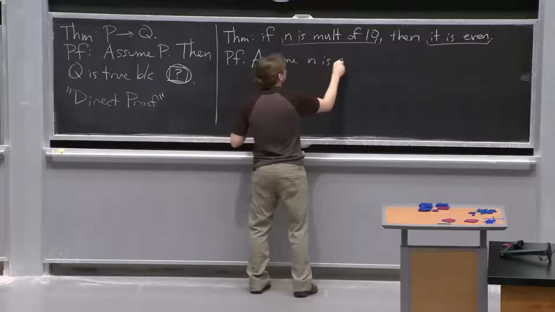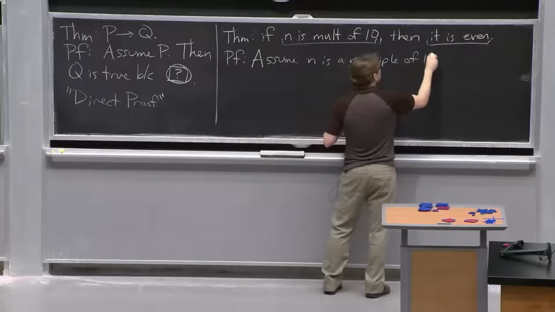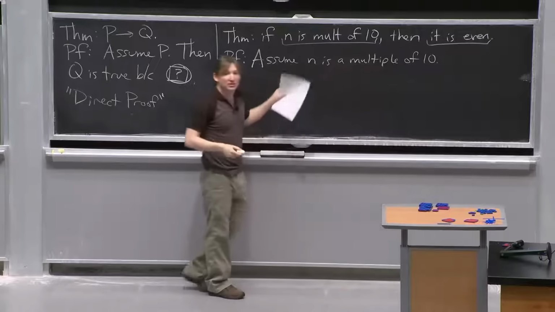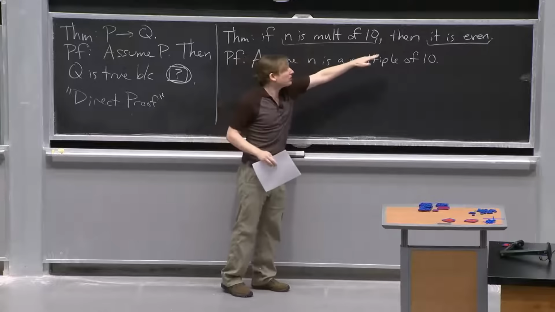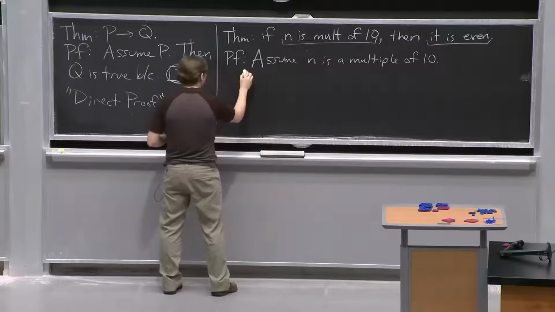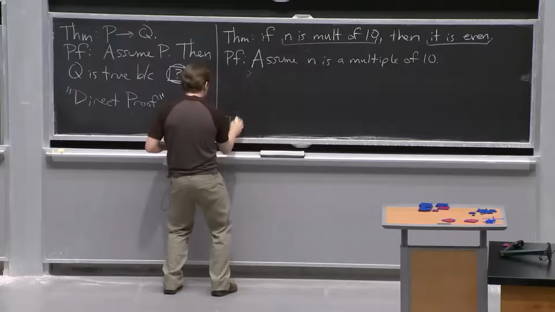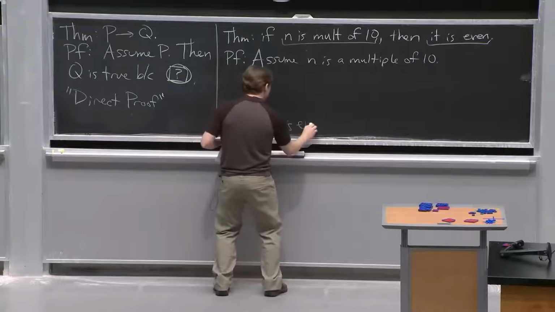assume n is a multiple of 10. We know we're going to start with that. Assume the first thing. We know we're going to end with the last thing. Therefore, n is even. So question mark, question mark, question mark. Therefore, n is even.